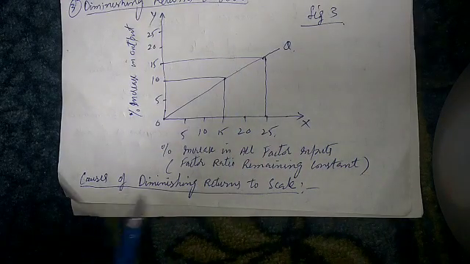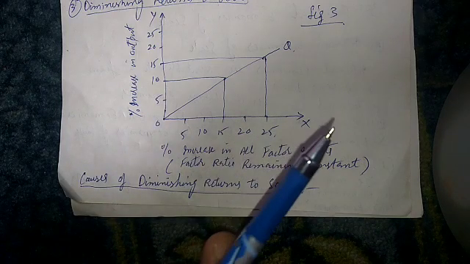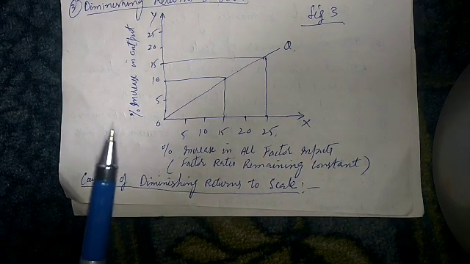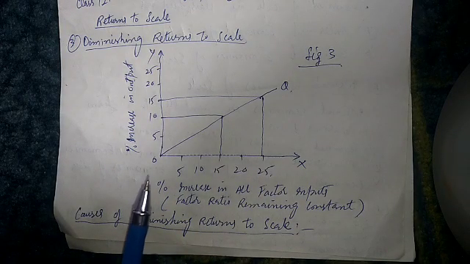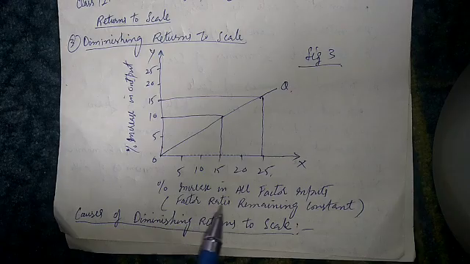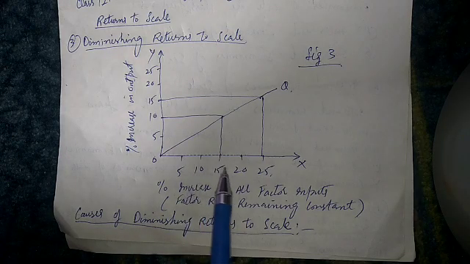And what are the causes of diminishing returns to scale? See, the occurrence of diminishing returns is more a matter of economic law.